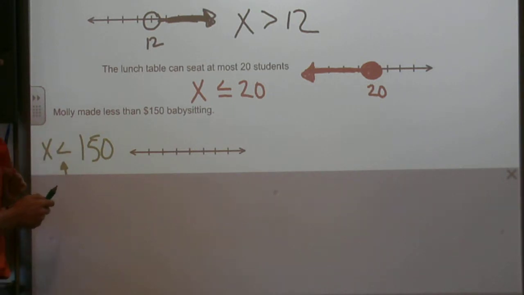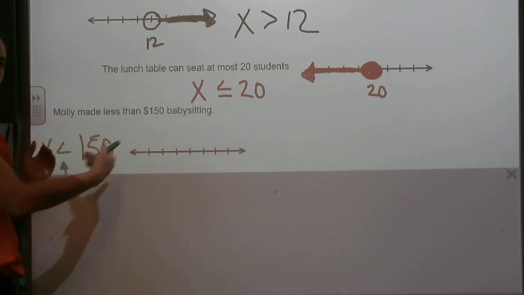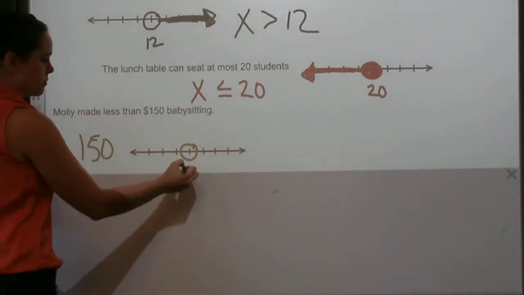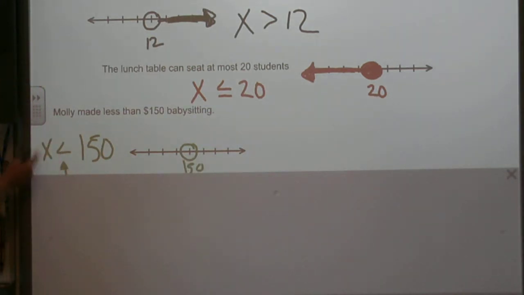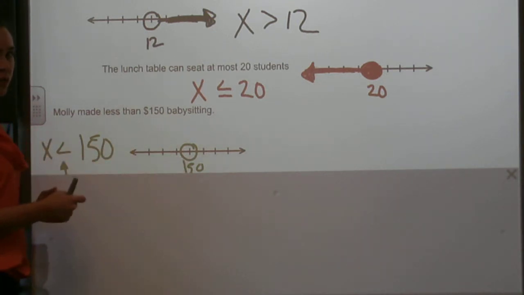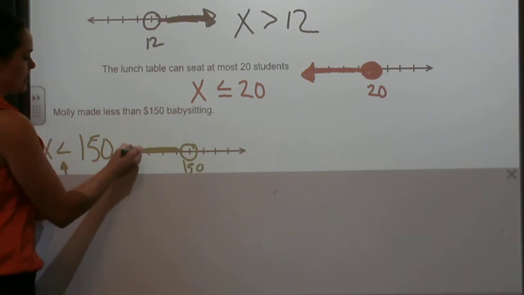Our inequality symbol is a less than symbol, so that tells us that we should be shading to the left because our value is 150, right? Any value less than 150 is going to make this statement true. So 50 is less than 150.